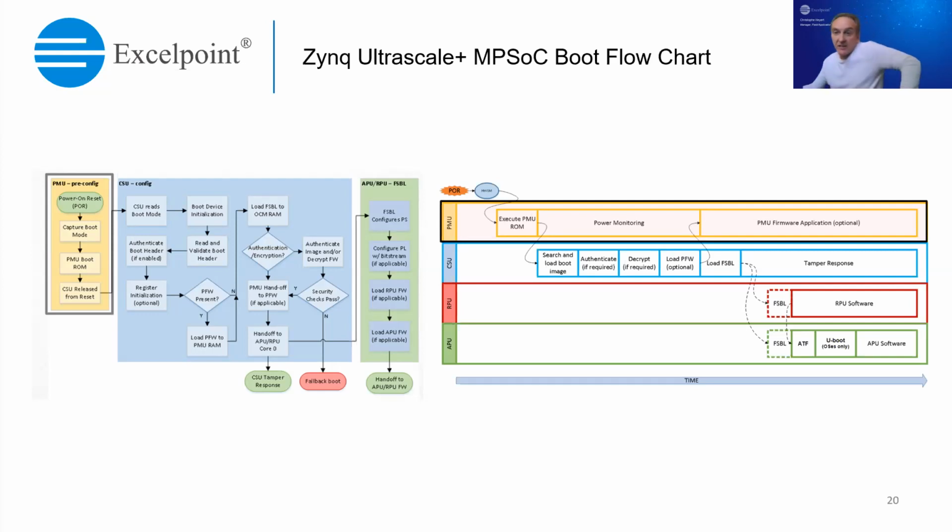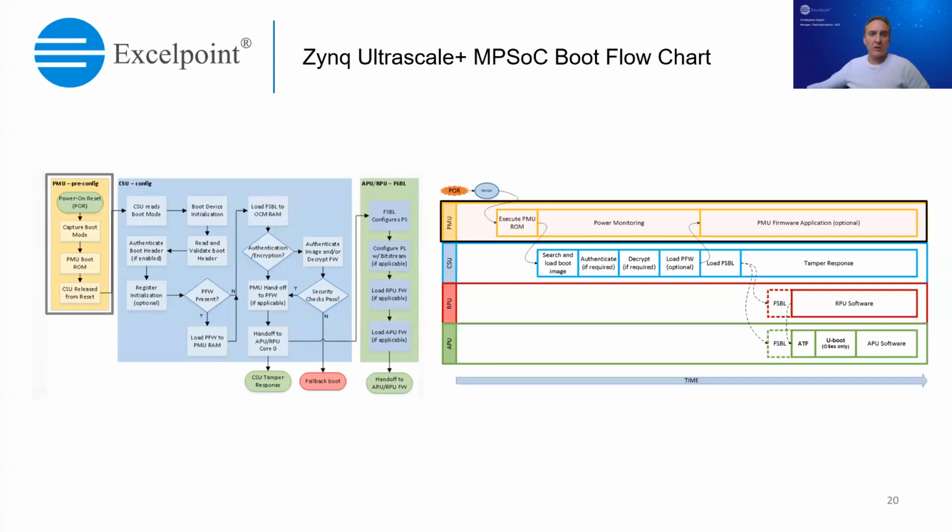If so, then these tests are run. Once those tests are completed, the PMU will release the reset to the CSU. At this stage, the PMU will enter a low powered state in which it will remain until the PMU RAM is loaded with PMU firmware.